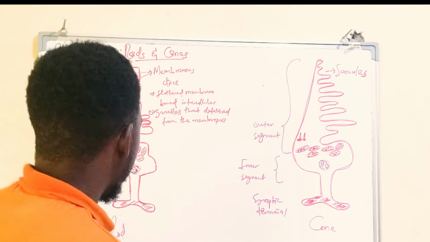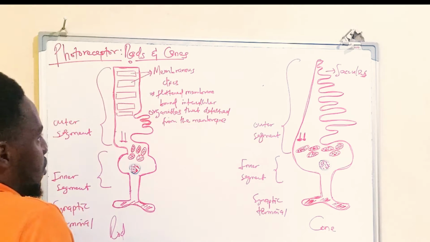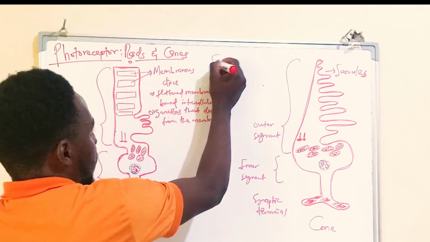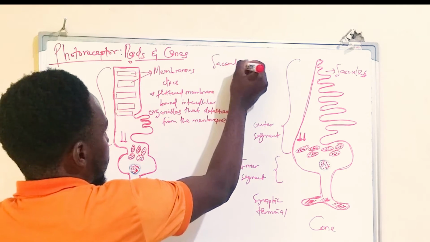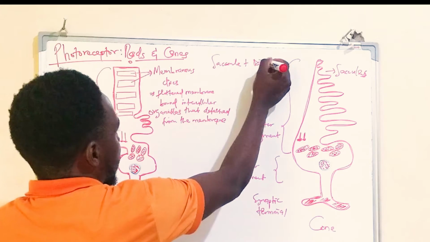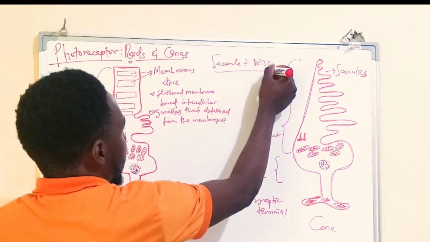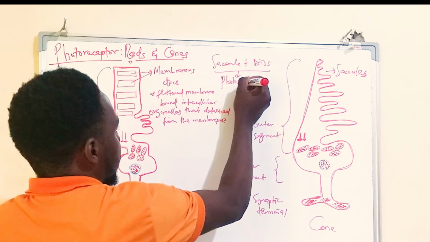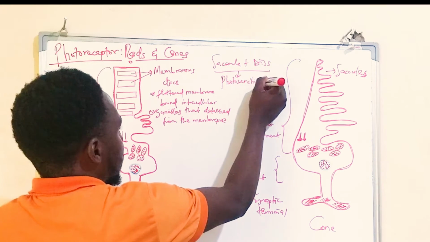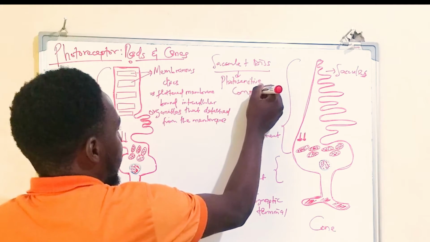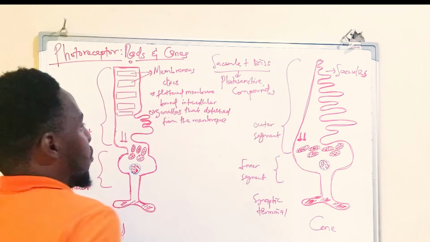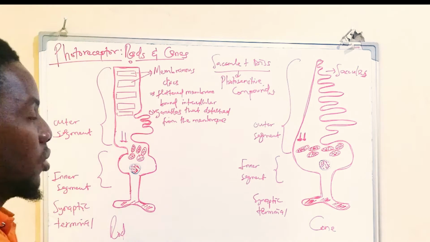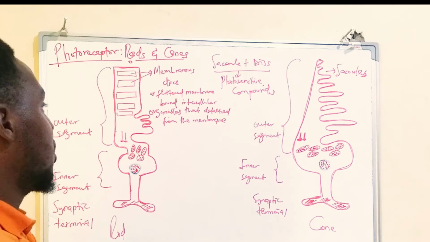Then the circules and the discs have photosensitive compounds in them that react to the presence of light.